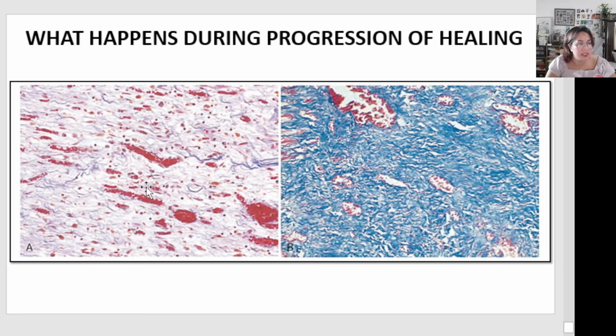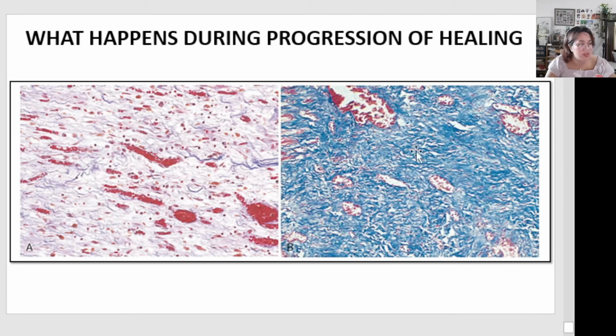In the first one is the immature one. So, this shows numerous blood vessels, edema, and a loose ECM containing occasional inflammatory cells. So, the collagen or the mature collagen are stained blue. So, minimal collagen pa lang ang makikita at this point. And in the second picture is a trichrome stain of mature scar.